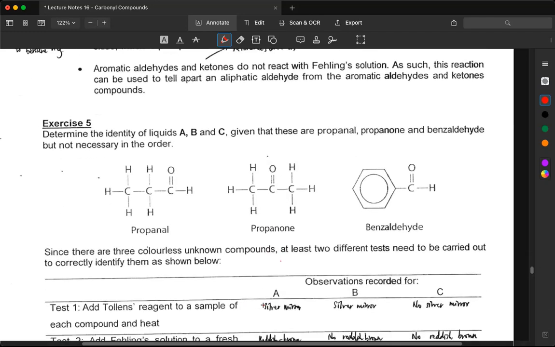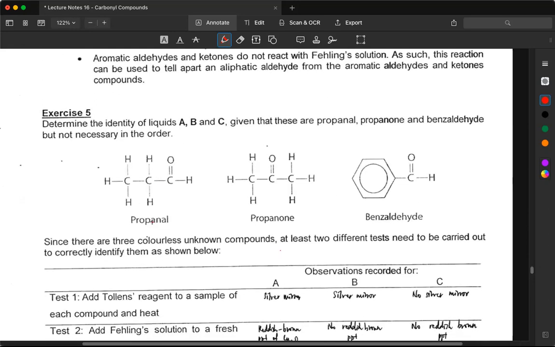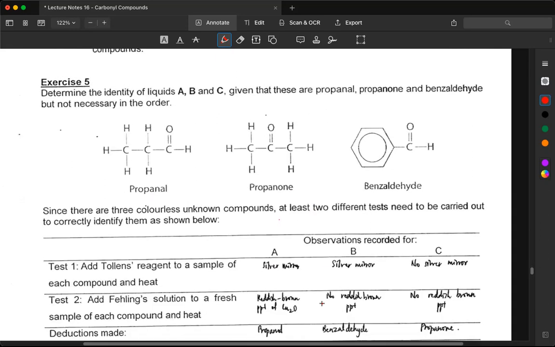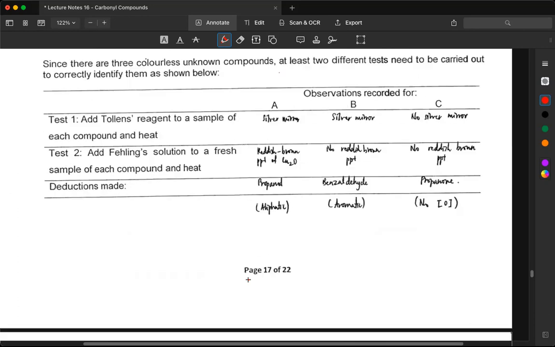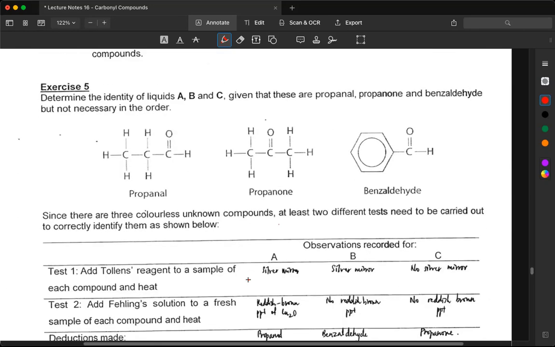So you can try to add Tollens reagent. With A, because it's an aldehyde, there will be a silver mirror. Oh, this is the result of the test.